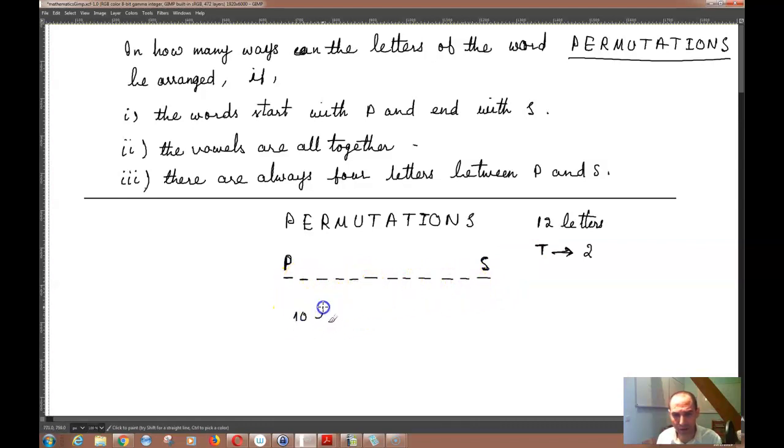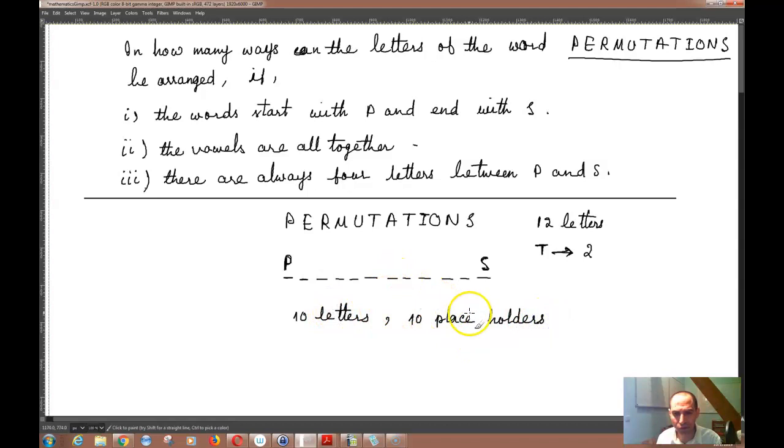You have 10 letters and 10 placeholders.